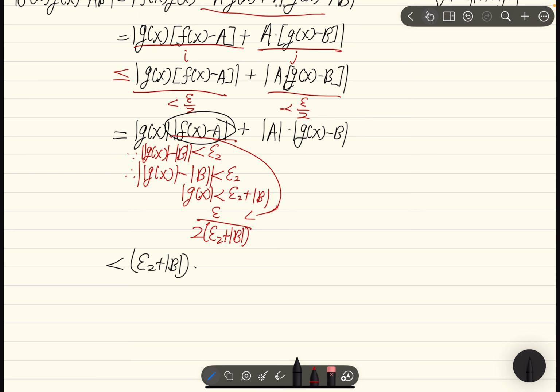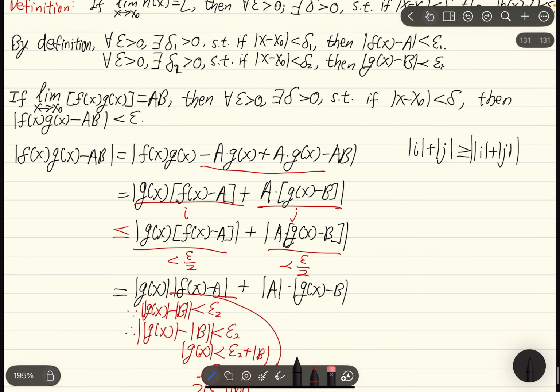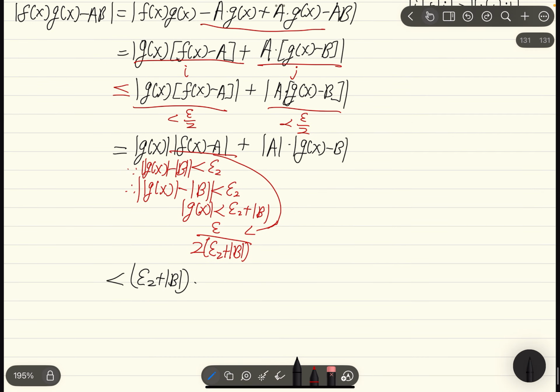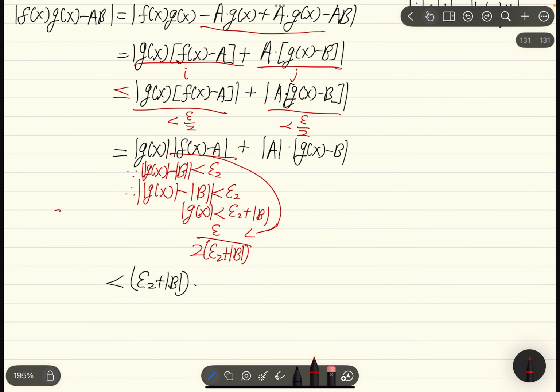And let's say that epsilon 1 is equal to epsilon over 2 times the quantity epsilon plus the absolute value of b.